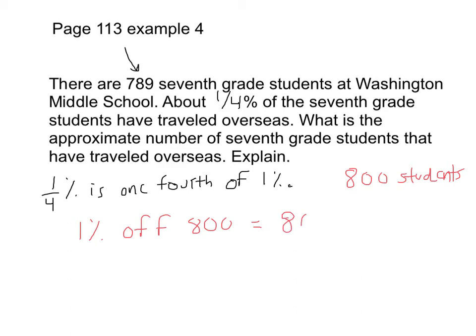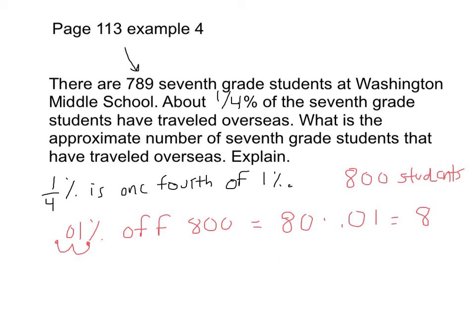The way I like to do it is multiply decimals. So I'm going to do that. Now notice 1% changes to 0.01. It's 1/100th. Okay? You move the decimal over 1, 2 times, and if there's nothing in front of it, you put a 0. So we have 800 times 0.01 is 8. But that's 1% of 800 students.